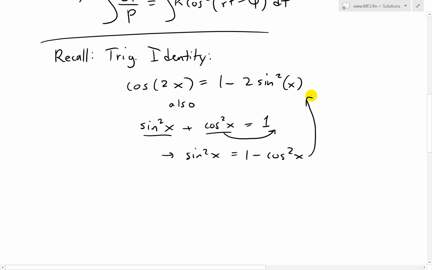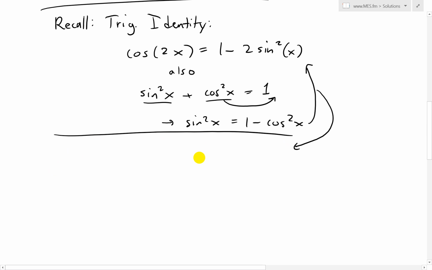So finally we get cosine 2x equals 1 minus 2 times 1 minus cosine squared x.